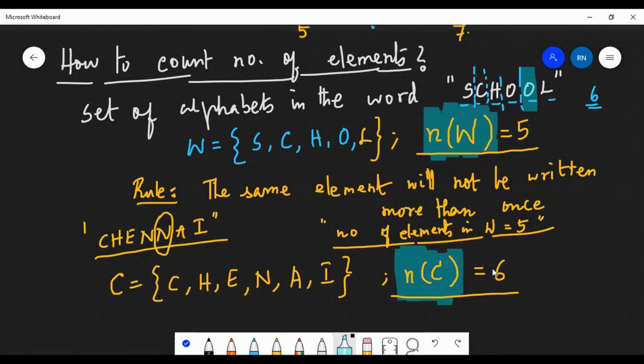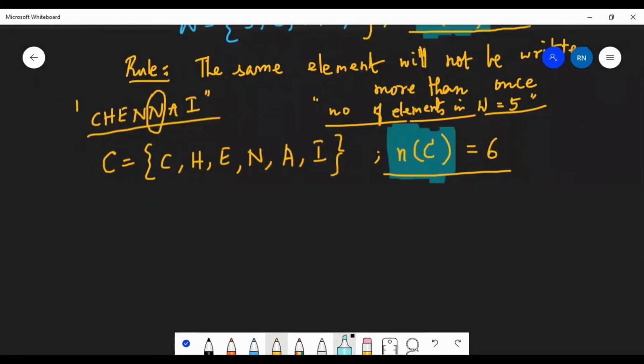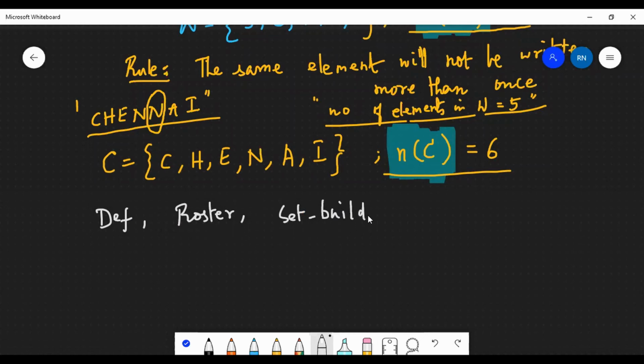Okay, a sufficient quantity of concepts we have done. Let me give a short summary. What are the things we discussed? We discussed the classical definition of a set, then the two forms of writing it, number one the roster form, then the set builder form. Then the types of sets.